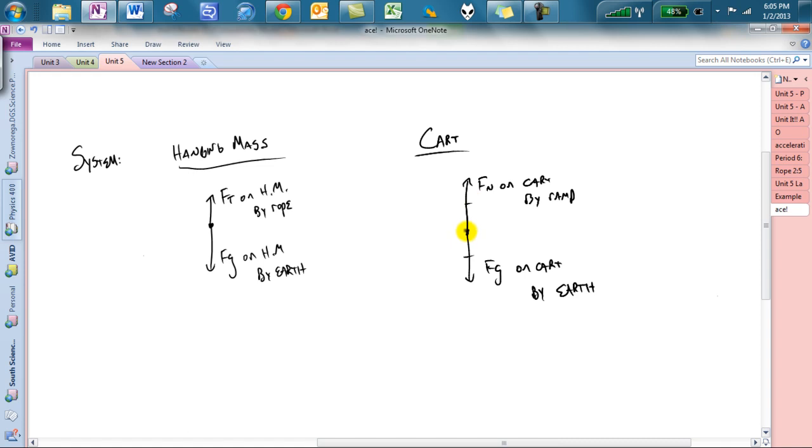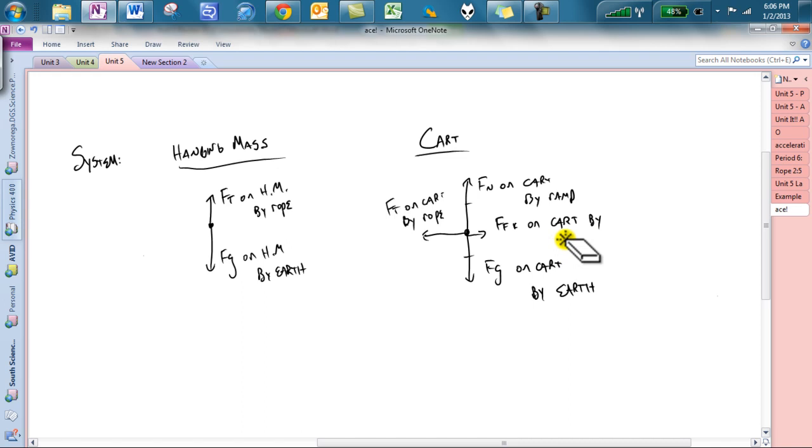I also know that they're equal because the rope is pulling directly horizontal. So it's not pulling up like we saw in problem number 1. And so that's our FT on the cart by the rope. And we have FFK going to the right on the cart by friction.